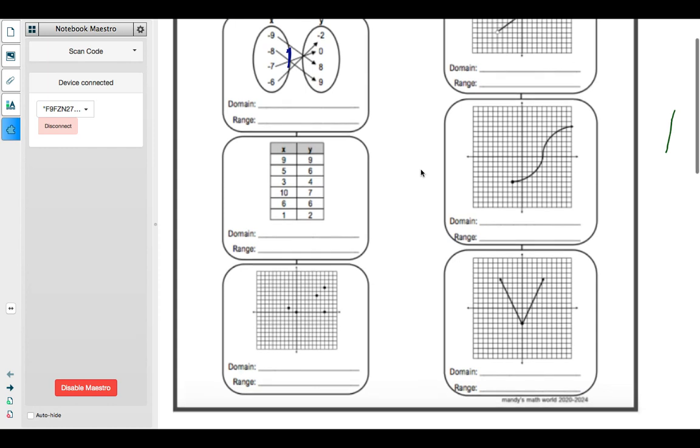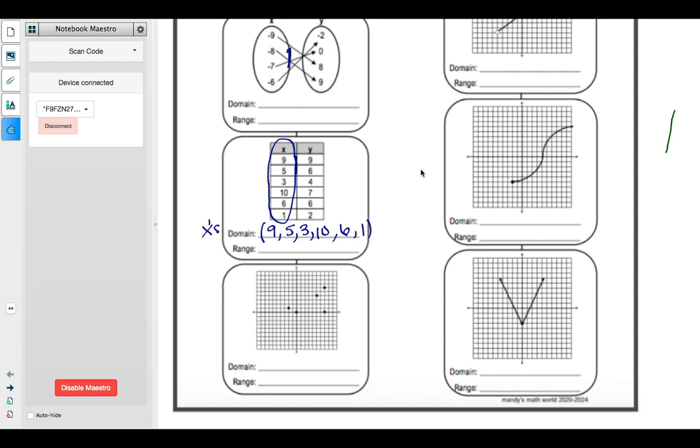All right. So next we have the table. And let's do domain first. Okay, so domain, excuse me. So I'm going to list these numbers. So I've got 9, 5, 3, 10, 6, and 1.